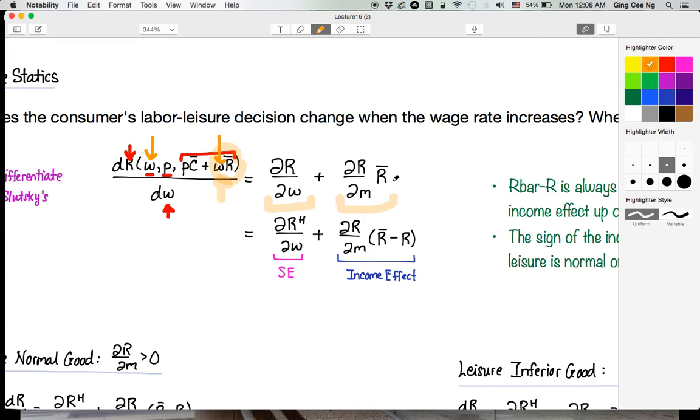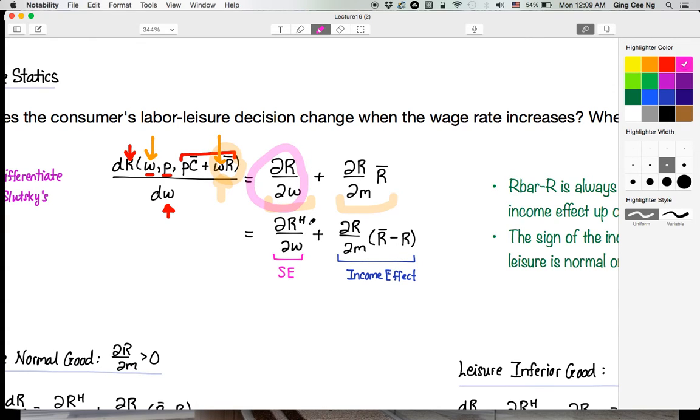All right. Well, I think you guys know how to do this from the in-class quiz a couple weeks ago. When you totally differentiate using Slutsky's equations in the endowment model, what we just did is totally differentiate, and now we're going to substitute in the original Slutsky's equation here.